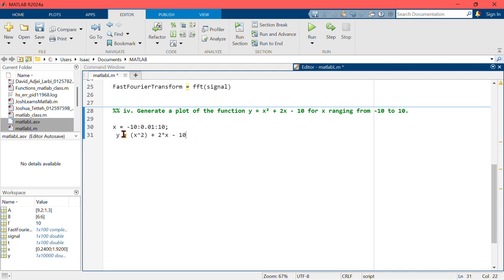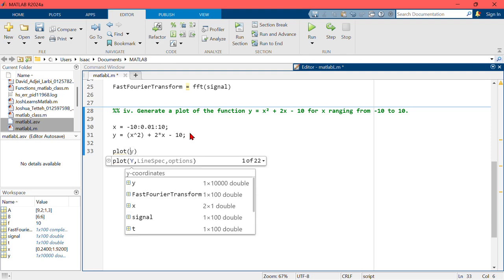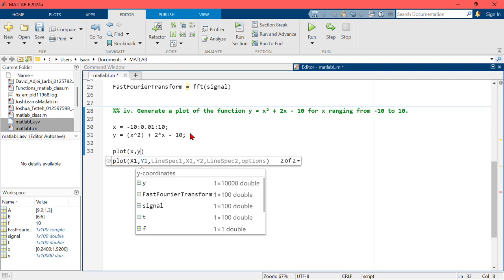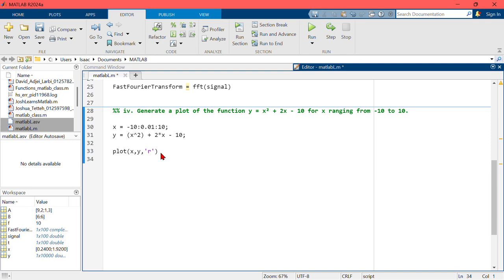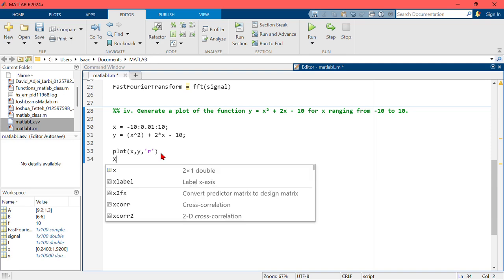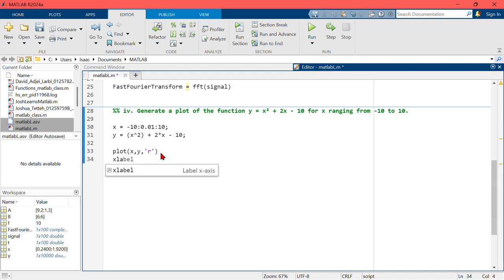We have a range of values x, and then the function, the quadratic equation y. But the question is not just asking us to compute them, it's asking us to plot them. So we have to use plot x against y, and then maybe make that a red line. Then maybe we label the x axis, xlabel.